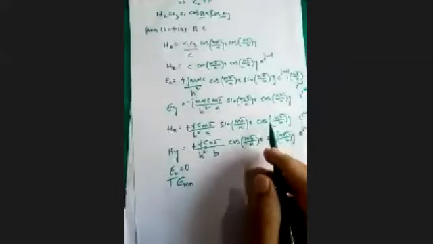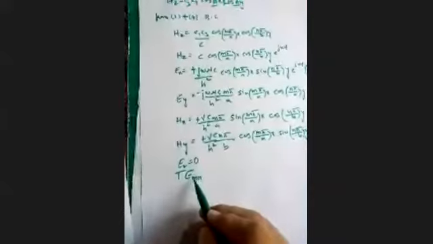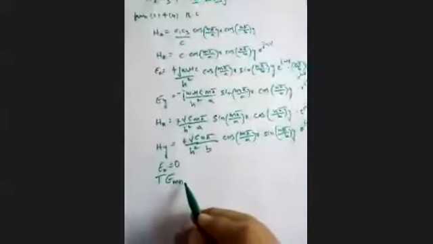So again your TE mode is going to have an infinite possible number of combinations, because m and n will have values from 0 to infinity, and we know that m is the number of half-wave field variations of the field components along the x-axis and n is the number of half-wave variations along the y-axis, right? So what happens if m is equal to 0 and n is equal to 0?